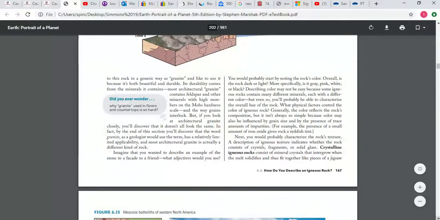Now, I say lighter, of course, it's a rock and it feels heavy, but relatively lighter than things like basalt or other extrusive igneous rocks that are much more dense and much heavier.